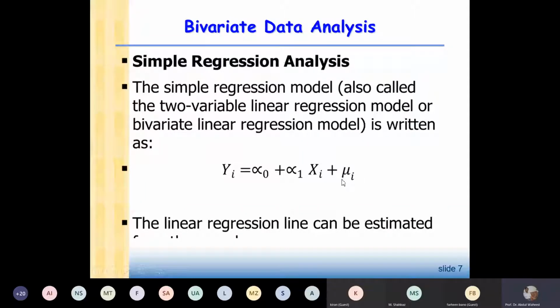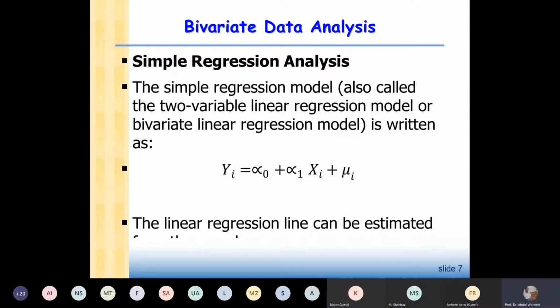Disturbance term, error term. Some variables we have not included in the model because this is a simple regression model. We have included only one, and some variables we don't know. Even if we have more than one explanatory variable, that is called a multiple regression model.